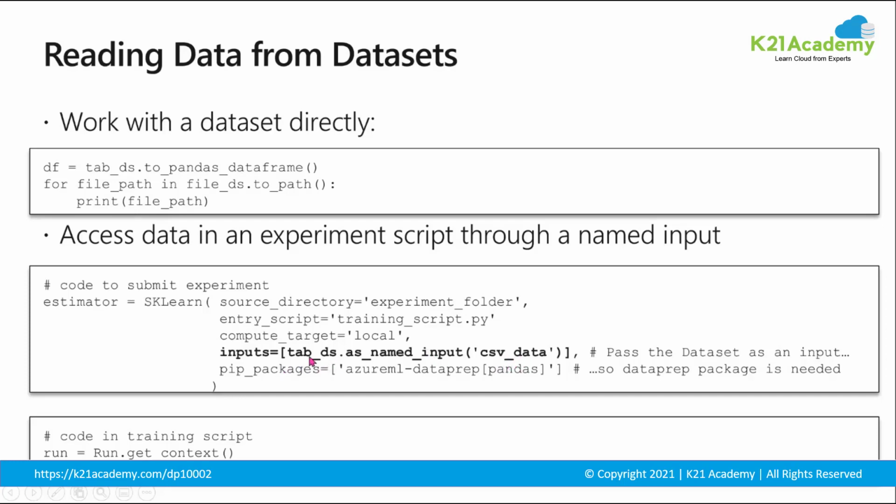So whatever this dataset is which you registered is now being named as csv_data, and that is being passed in the training script as csv_data. So if we see over here, this is that csv_dataset which is coming from that parameter file, and then we can further load the data over there. We can further do the machine learning as such.